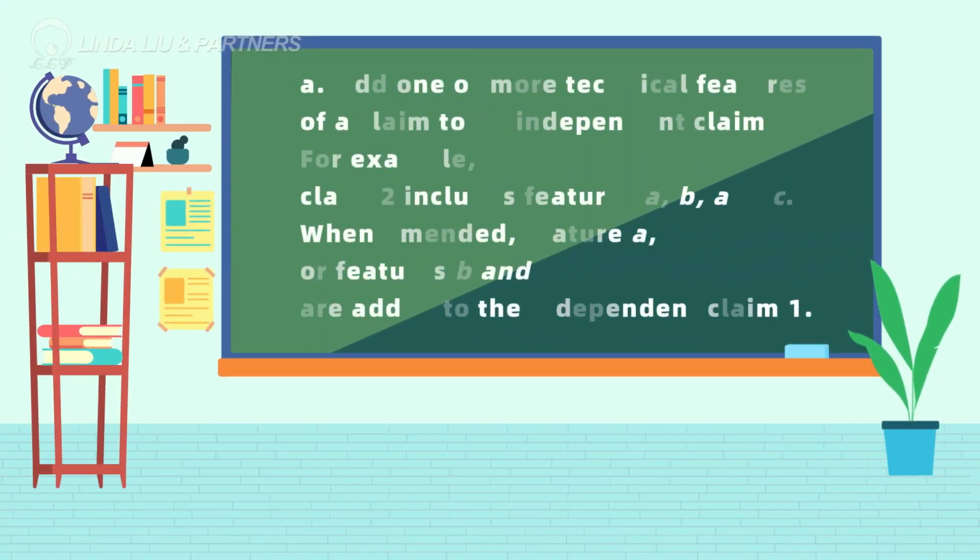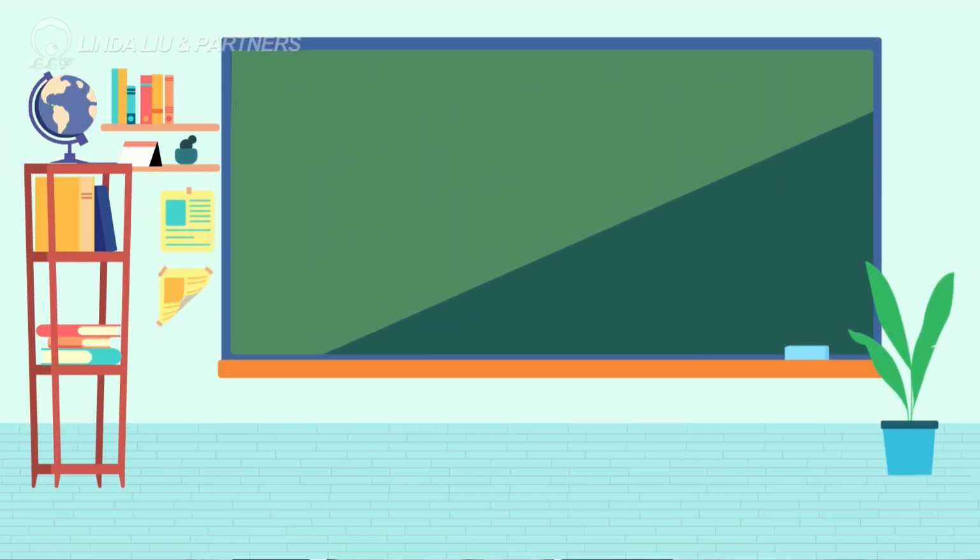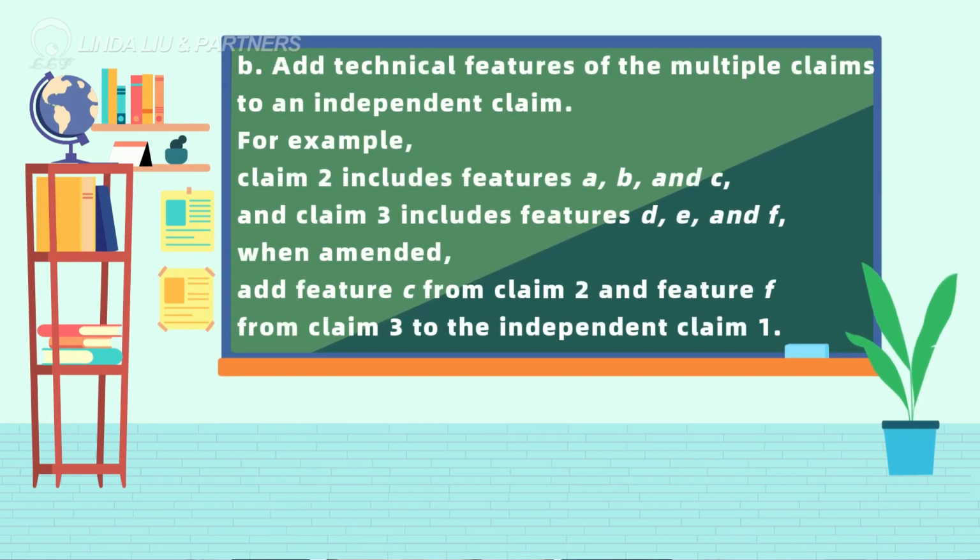A. Add one or more technical features of a claim to an independent claim. For example, Claim 2 includes features A, B, and C. When amended, feature A or feature B and C are added to independent Claim 1. B. Add technical features of the multiple claims to an independent claim.